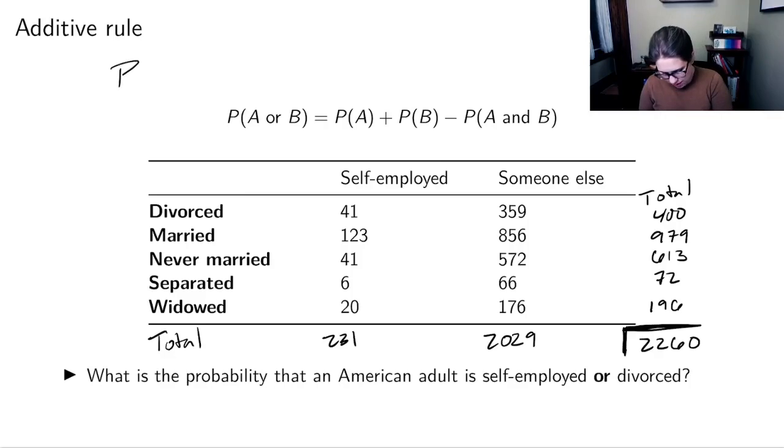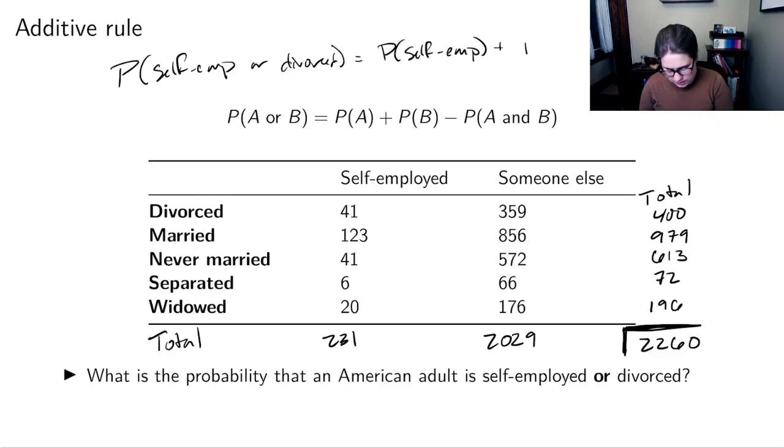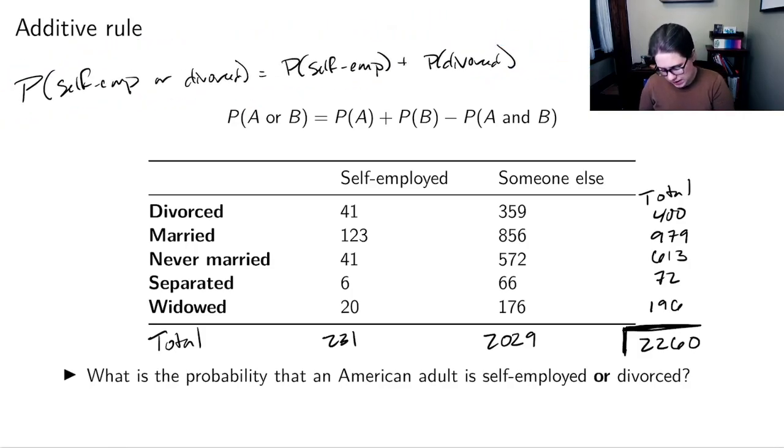So let's see, the probability of self-employed or divorced, that's going to be the probability of being self-employed plus the probability of being divorced. I'm running out of room here, let me move that over. And then minus the probability of being self-employed and divorced. So let's see if we can figure those things out.